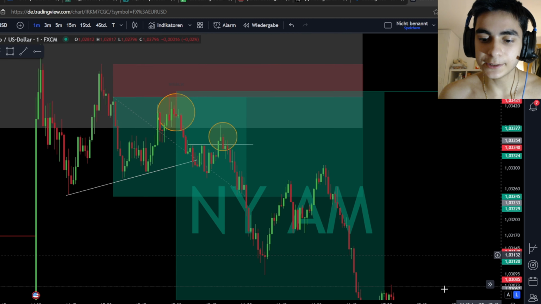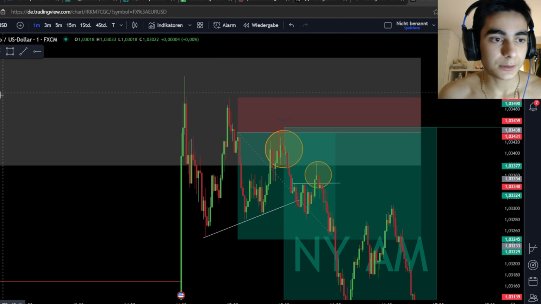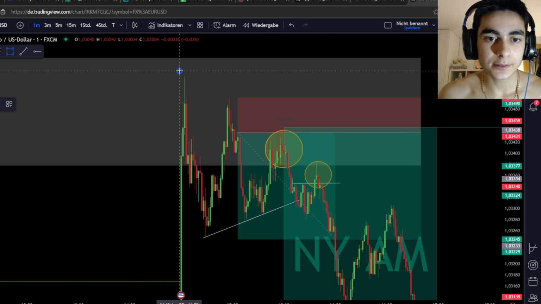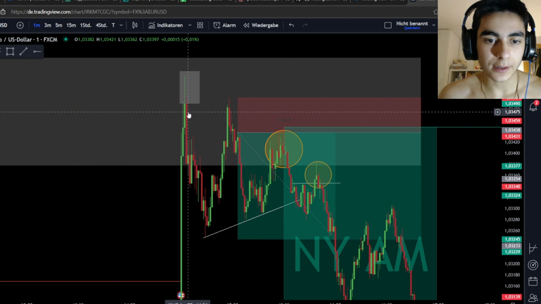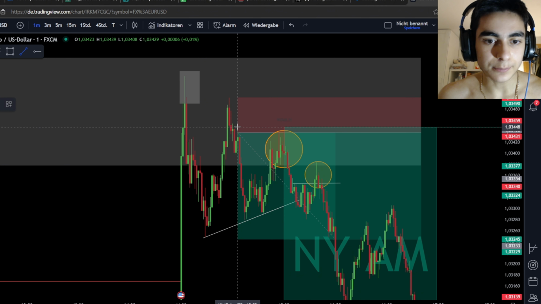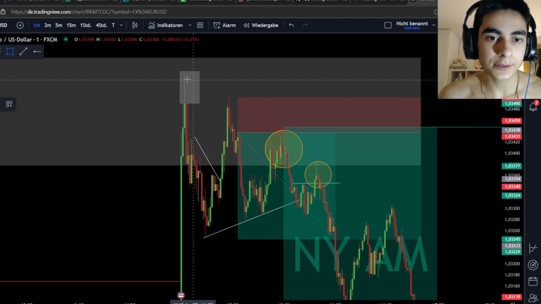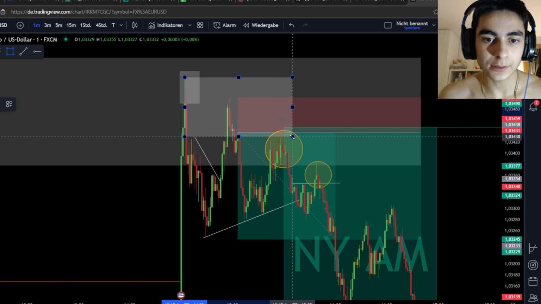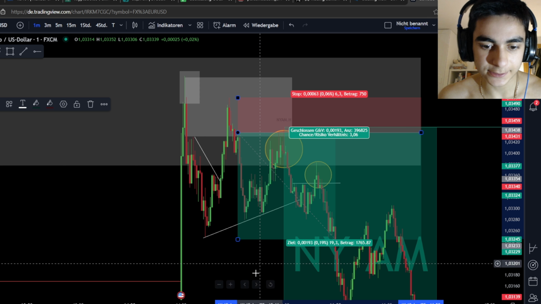Why did I enter right here? We have this sharp reaction, a nice candlestick formation, a huge bearish engulfing candle, this small little build up right here, took everything out, came back into this order block, showed us again nice price action on this retest.